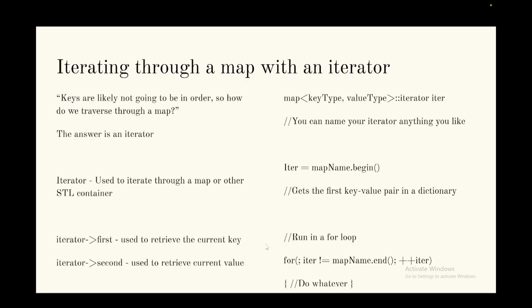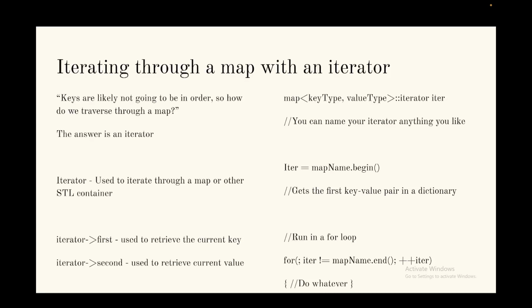And here you can see on the right a code example of how you would iterate through a map. You declare your iterator, which in this case has been named iter, but you can name it anything you like. And then you usually set it equal to your mapName.begin to make it equal to your first key value pair within your dictionary.